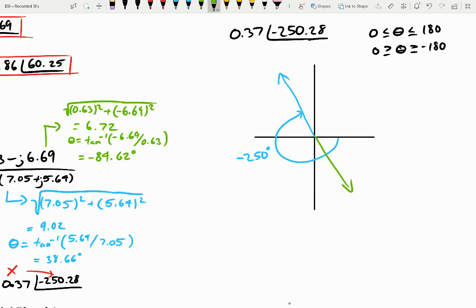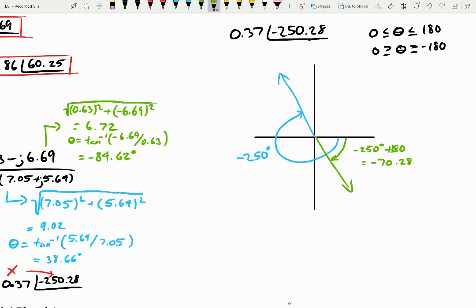And now this angle right here is just negative 250 degrees plus 180 degrees. That'll give us negative 70.28. Okay.